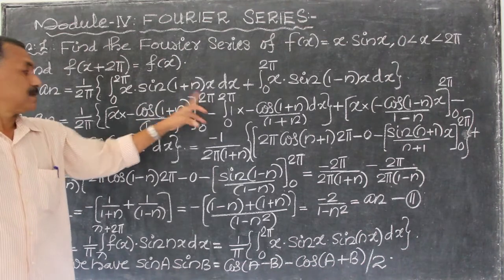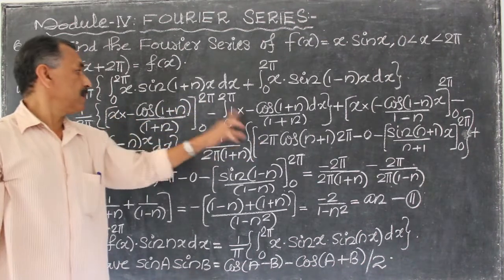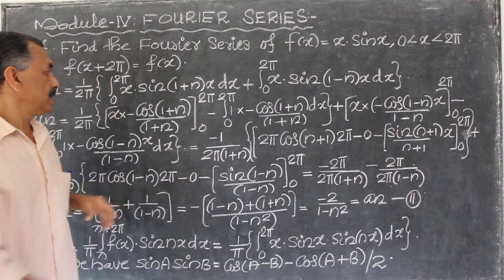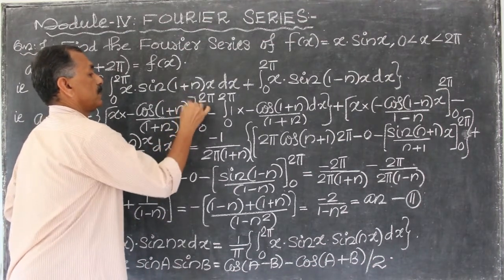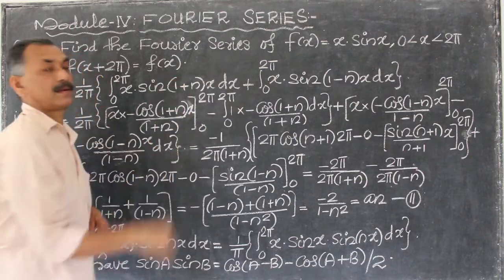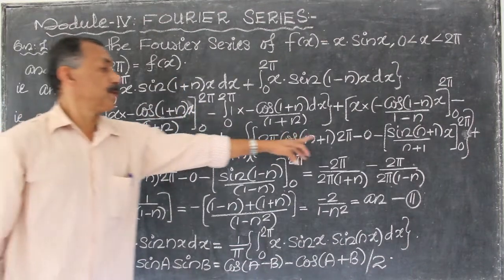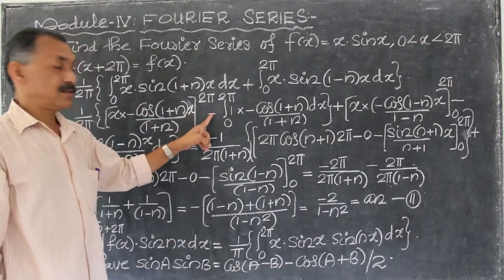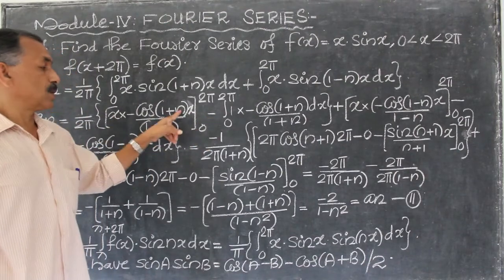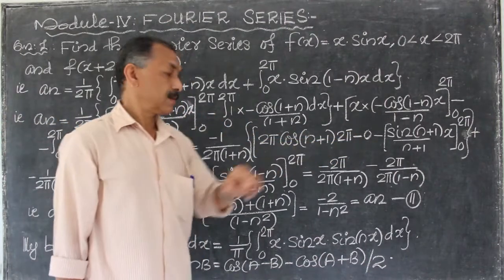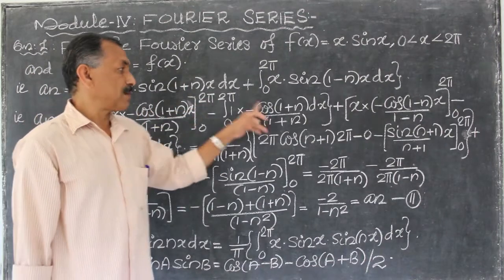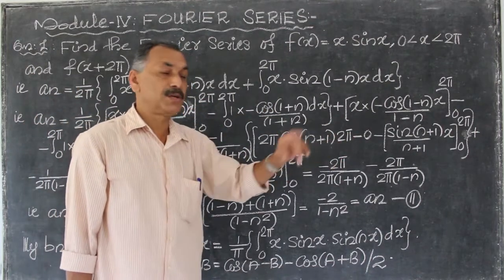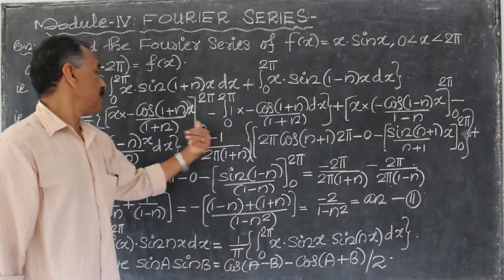Apply upper limit: x is 2 pi, 2 pi cos of 1 plus n into 2 pi, minus lower limit, apply that x is 0, therefore 0. Upper limit: 2 pi cos of 1 plus n into 2 pi, minus lower limit, x is 0.